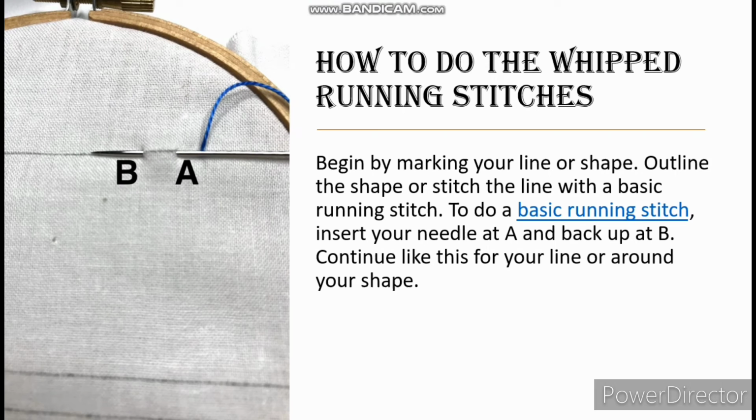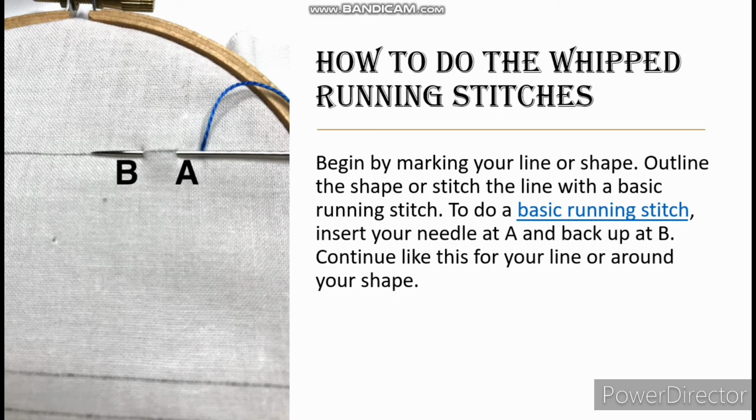To do a basic running stitch, insert your needle at A and back up at B. Remember, we did it last time. So you are going to start whip running with running stitches. All you need to do is insert your needle at A and then back it up at B. Continue like this for your line or round shape.